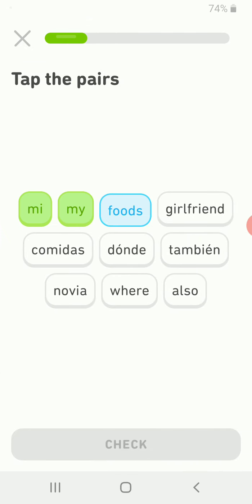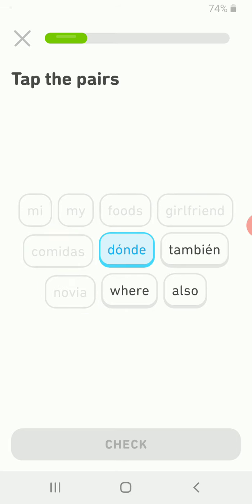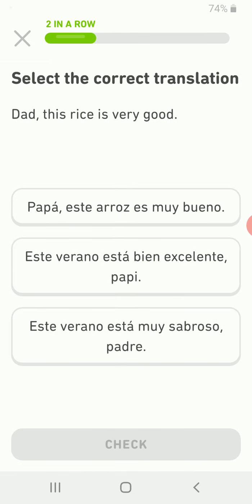And let's pair things up. Food, comidas. Girlfriend, novia. Donde is where, también also. So novio, novia, we know this, what they mean. And dad is papá. This rice is very good.